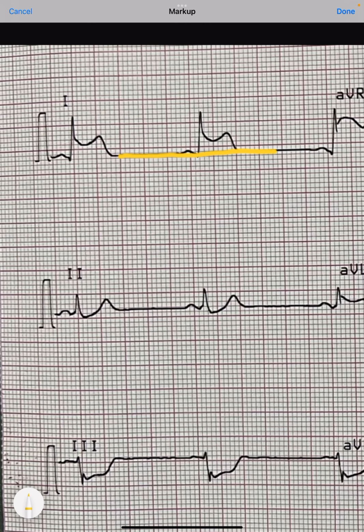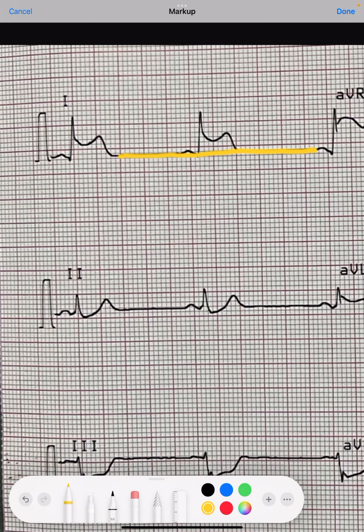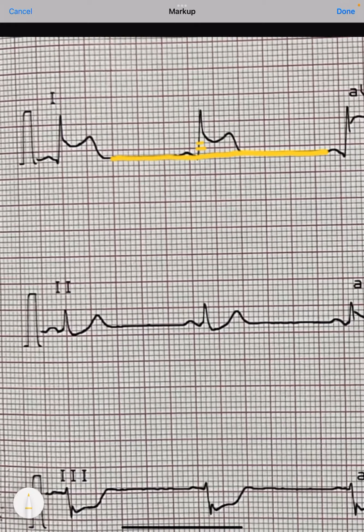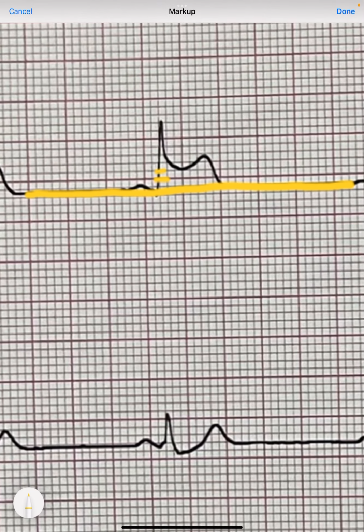Having found the baseline, we can see the length of the ST elevation. This is 1 millimeter, this is 2 millimeter. So this is a clear-cut 2 millimeter ST elevation.